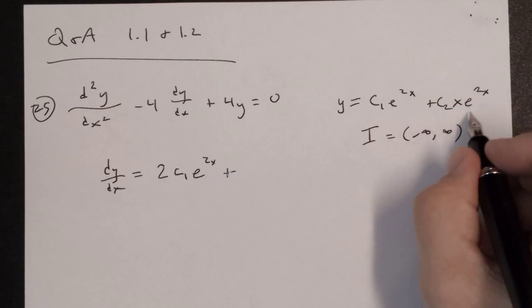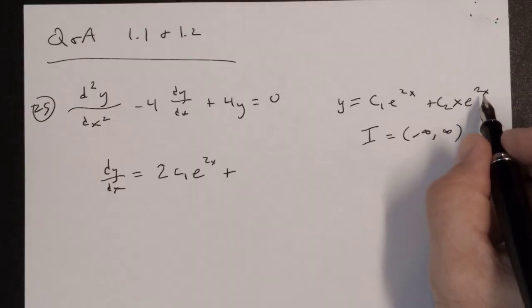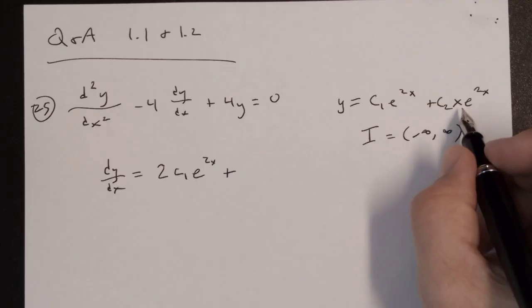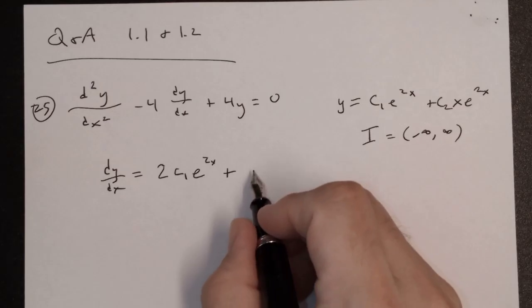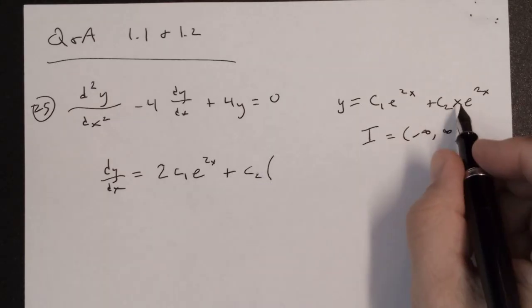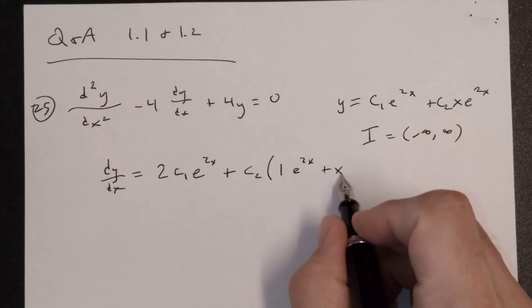But now, what do I do with that part? Yeah, I got to do the chain rule for the e to the 2x, but what about that extra x? Product rule and chain rule together. C2 times derivative of x is 1. Leave the e to the 2x alone. Leave the x alone.